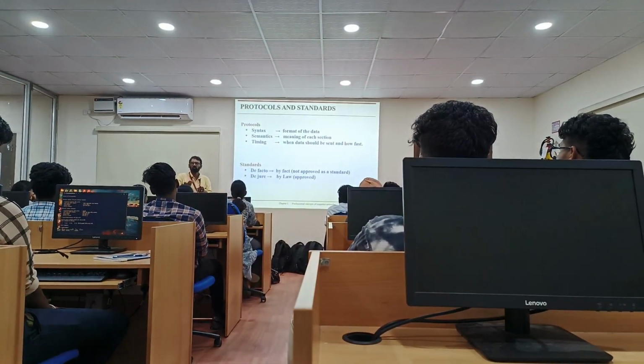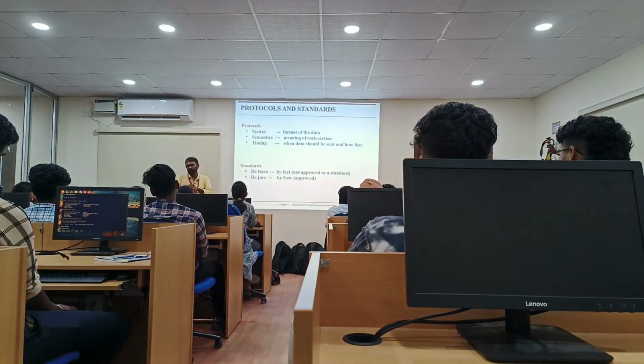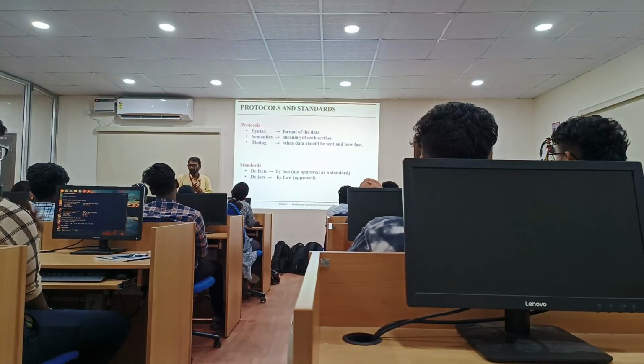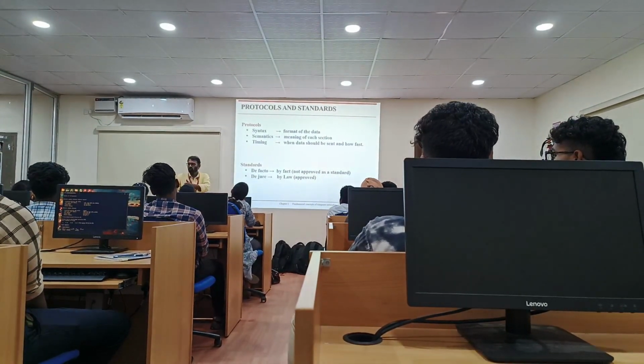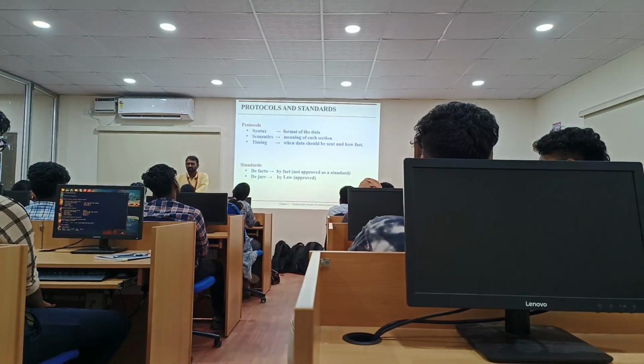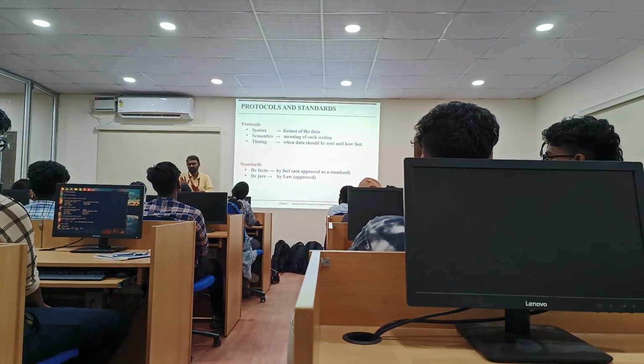So what flow control will do is match the transmission speed. Even though you transmit the data fast, it is stored in the queue, and based on the receiving capacity of the receiver, it is sent one by one. This is what synchronization is.